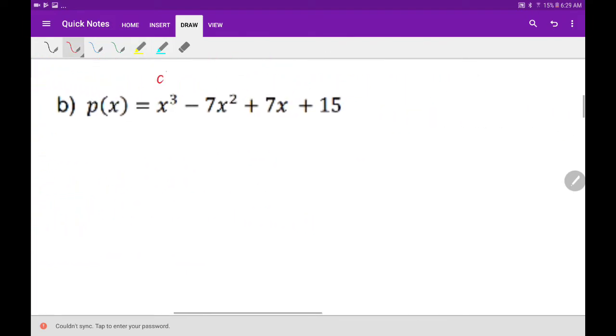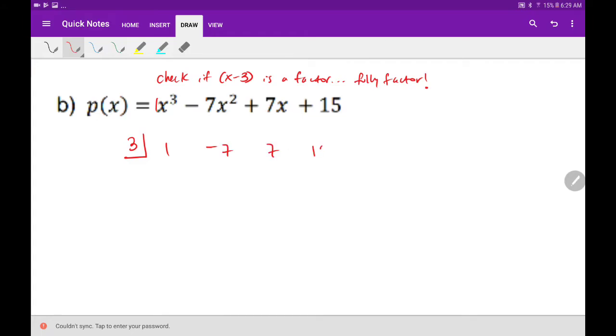Okay, let's go to B. So still, we're checking if x minus 3 is a factor, and if it is, we're going to fully factor it all the way. So as before, 3 is the number that goes in the box, and our coefficients are 1, -7, 7, and 15.